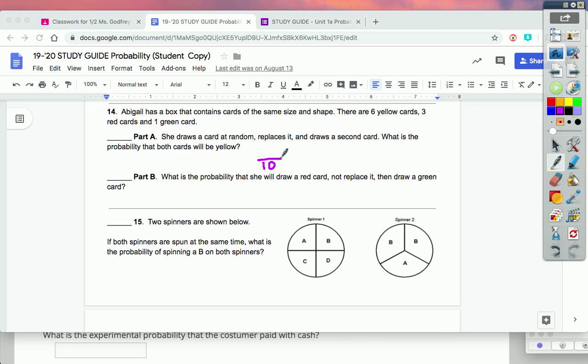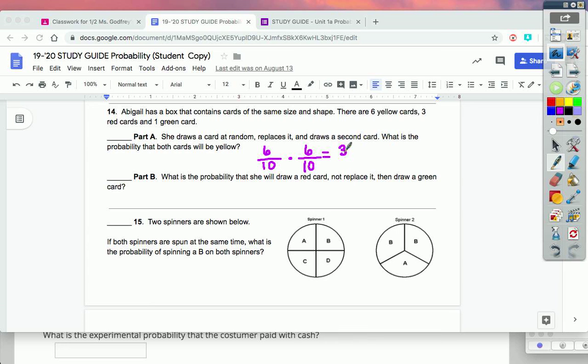So the first event is pulling a yellow card. She has a chance of 6 out of 10 of getting a yellow card. She's going to put that card back, which means that in her second event of pulling a yellow card, she's going to start off with 10 cards. Of those 10 cards, 6 are yellow. We are now going to multiply event 1 by event 2.